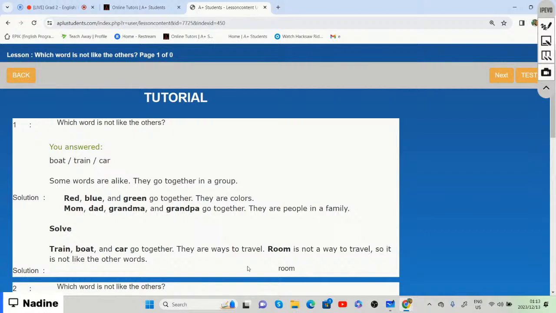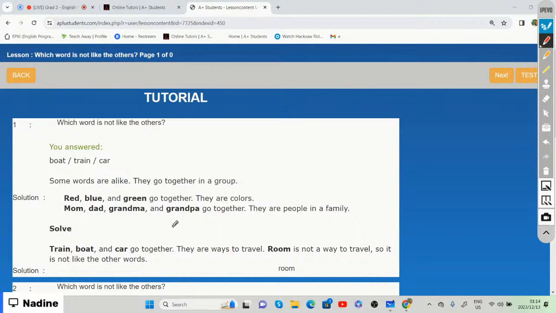Basically red, blue, and green go together, and we call those colors. It's like if we group them, then we call it colors. Then we have mom, dad, grandma, grandpa. These ones go together and we call them people in a family.